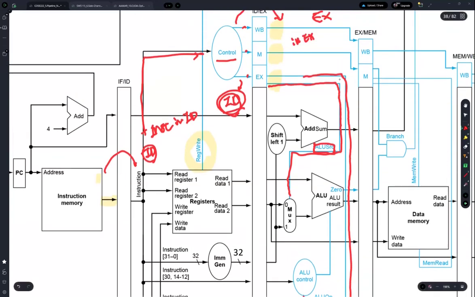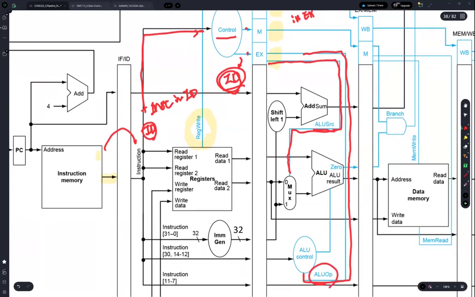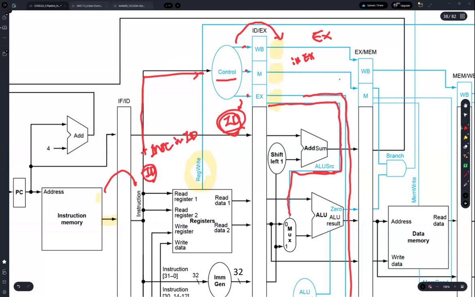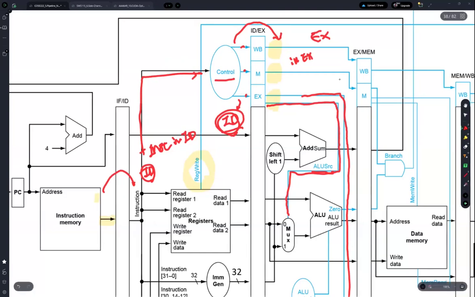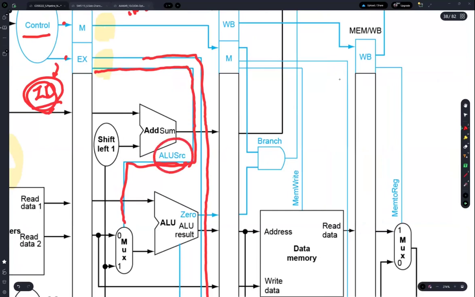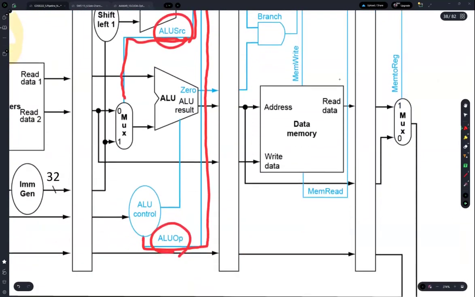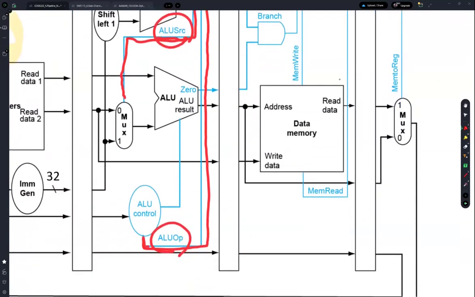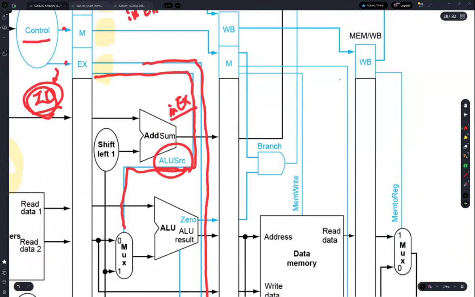So if you see the ALU source and then ALUOp, you can find that this processor uses the ALU source in the EX stage, right? And ALUOp is connected to the ALU control signal in the EX stage. Why?